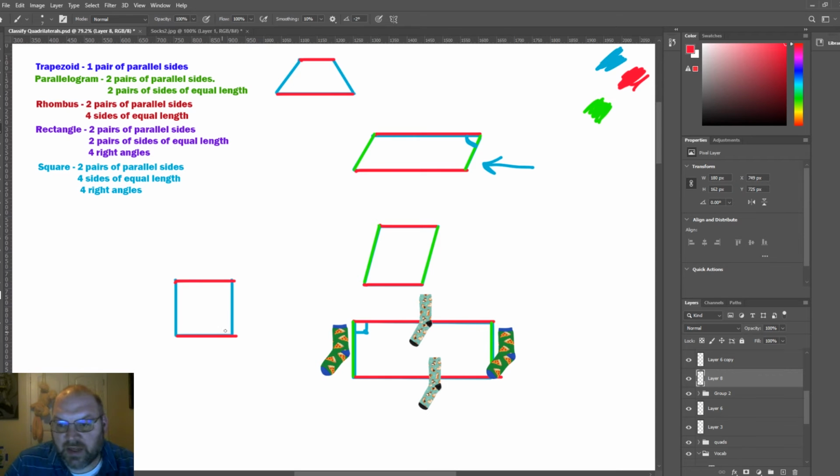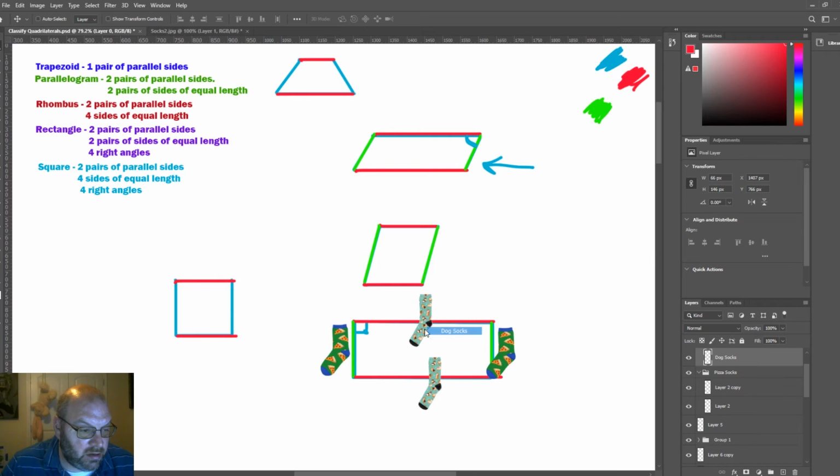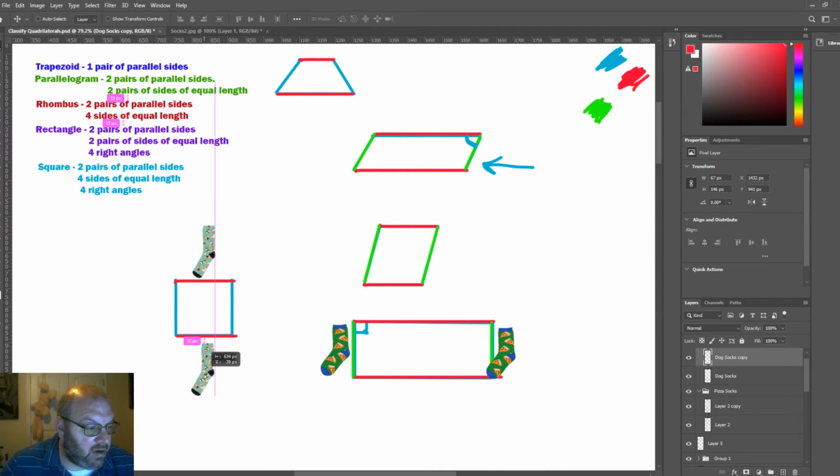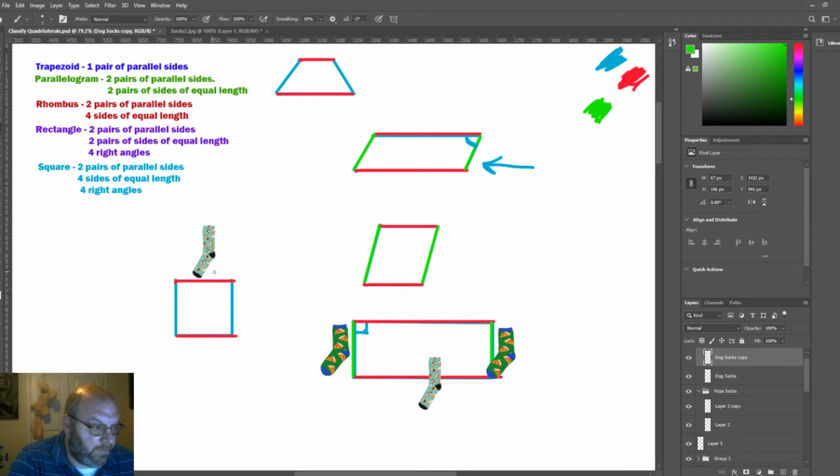So the reds are parallel, and that's also my dog socks. Parallel, that's one pair of parallel sides, right? Let's grab my green. And here's another pair.